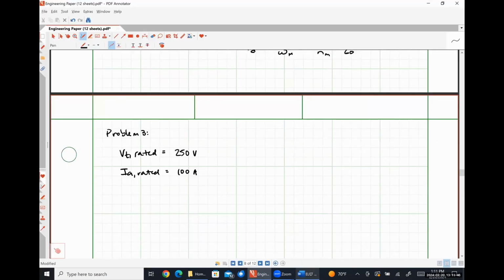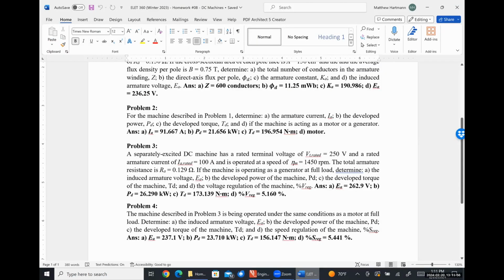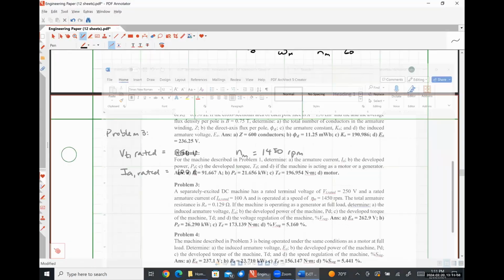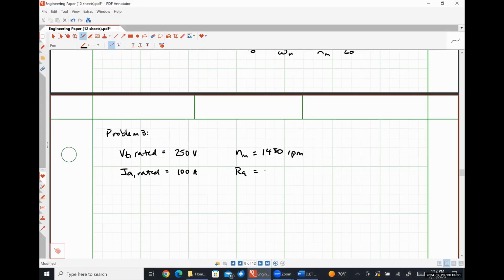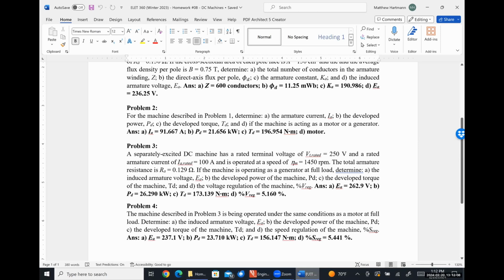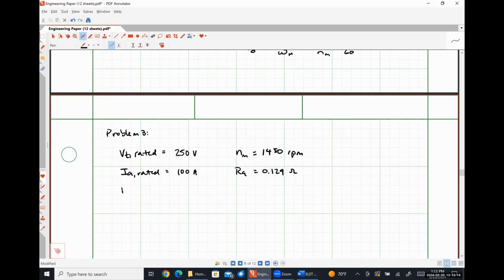NM is 1450 RPM. RA is 0.129 ohms. And we're asked for EA, PD, TD, and percent voltage regulation.